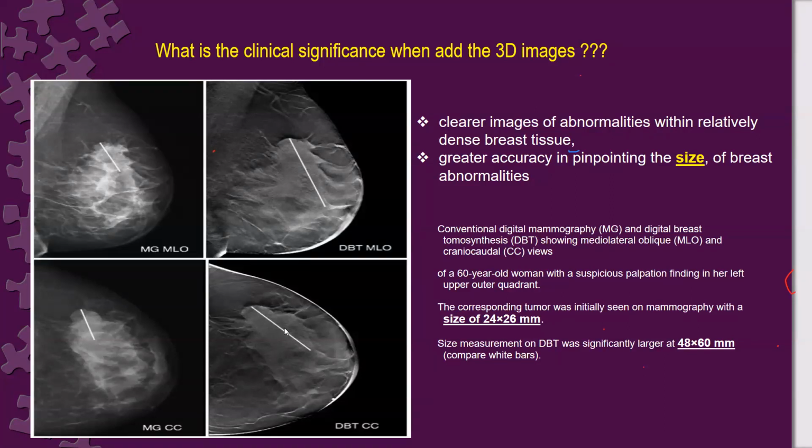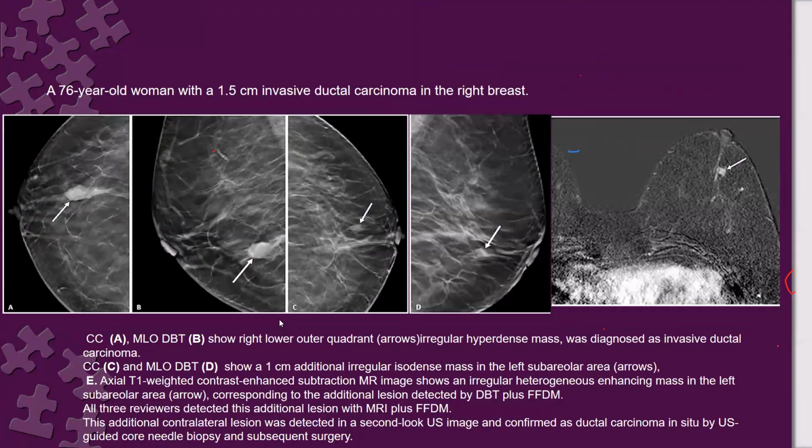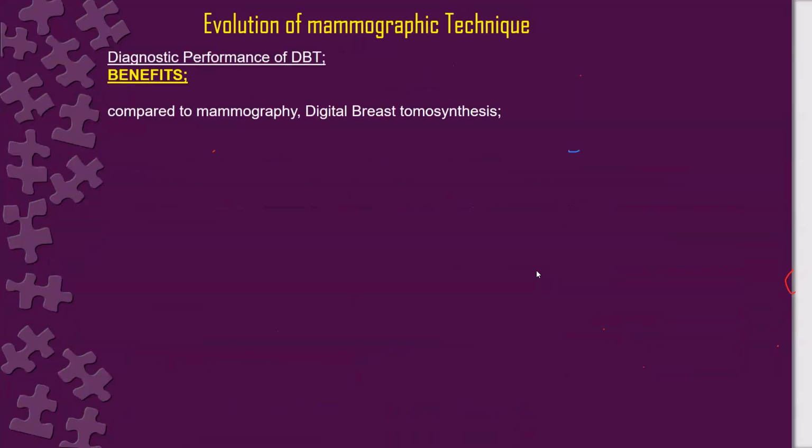So it is also helpful in showing the actual size of the lesions. And this is the tomosynthesis of a patient having cancer in the right breast. The tomosynthesis also shows a small lesion, also shown on MRI and proven to be a smaller cancer in the contralateral breast.